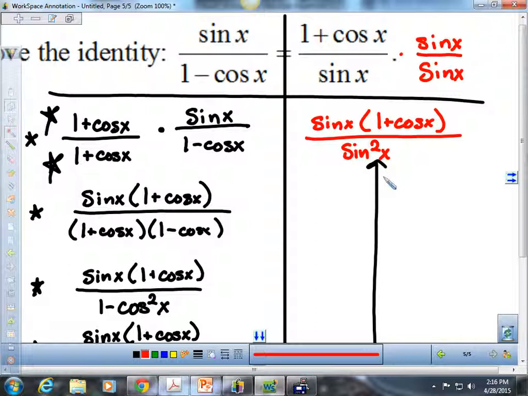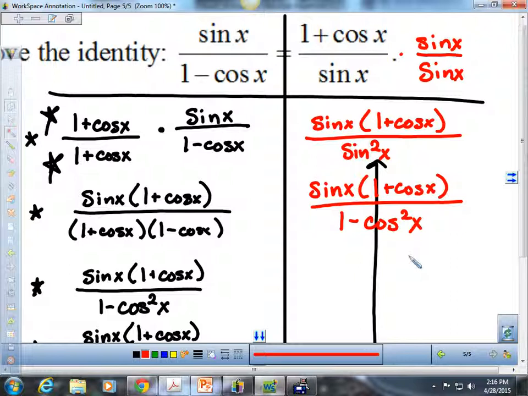Well, sine squared. I know that sine squared is equivalent to 1 minus cosine squared, right? And I recognize that 1 minus cosine squared, 1 and cosine squared are both perfect what?